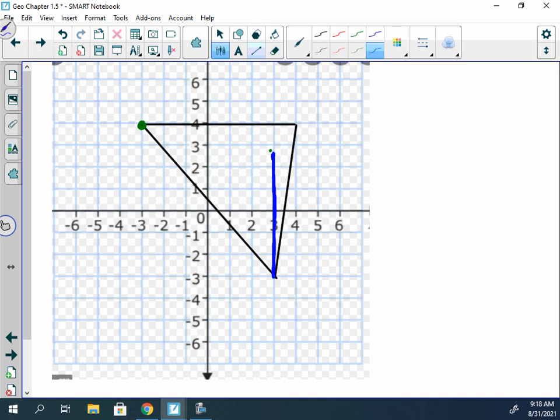I don't know the exact values where that would intersect. But with this blue line here, we do know the distance, because this here is the point 3, 4, and this down here is the point 3, negative 3. So I could use the distance formula from there to there, or we can count: 1, 2, 3, 4, 5, 6, 7.